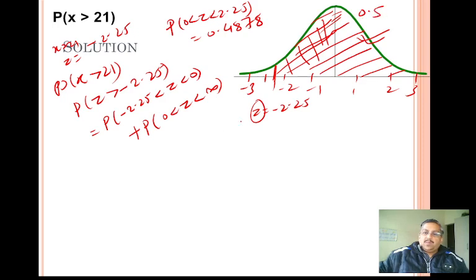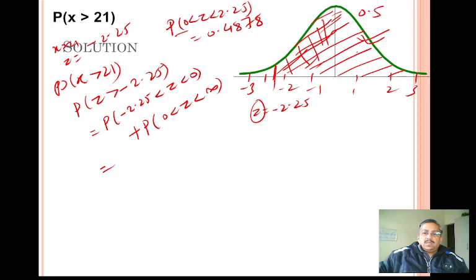So this part is 0.5, and we need to find only this part. And you can see that we have already calculated from the table that probability of z between 0 and 2.25 is 0.4878. But here it is another question, minus 2.25 to 0.